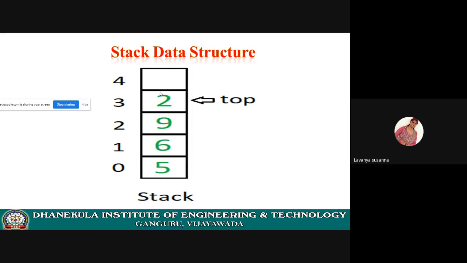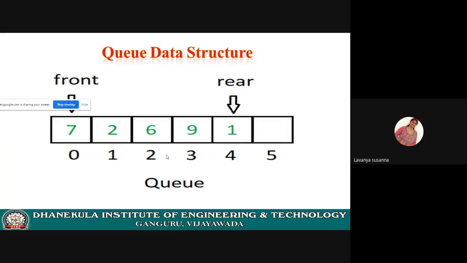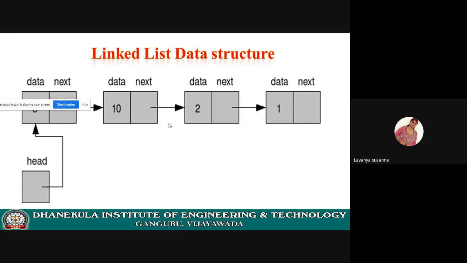Example, stack ADT means data of the stack and operations that can be performed on the stack. Another example, Queue ADT means data of the queue and operations that can be performed on the queue, together called Queue ADT. Linked list ADT means data of the linked list and operations that can be performed on the linked list, together viewed as linked list ADT.